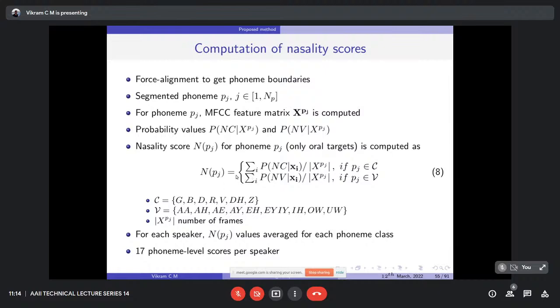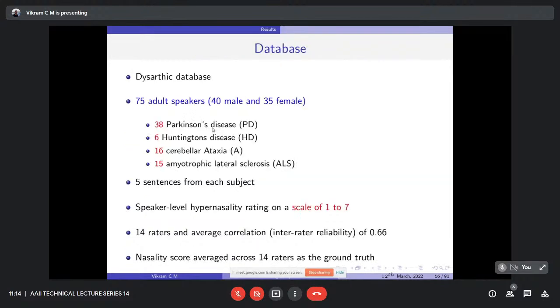It's simple: whenever we have an utterance, we segregate the scores for the nasal consonant and nasalized vowel, and average them across the frames. Finally we get 17 phoneme-level scores per speaker, because we considered 17 phonemes here. The database has 75 speakers, and this particular database is used for the hypernasality evaluation.